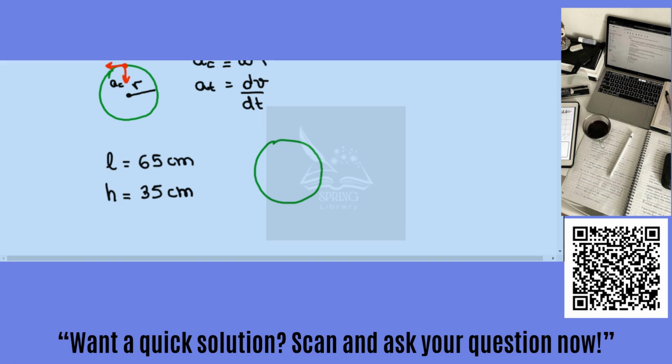Our goal is to find what must be the angular velocity omega of the bucket so that the water is not spilled. So let's consider the situation where the bucket is up here in the highest part of the trajectory, full of water.